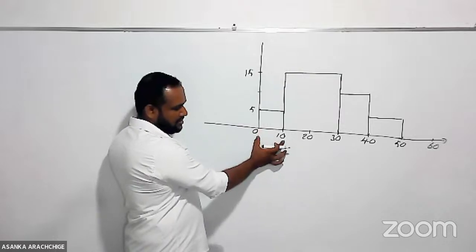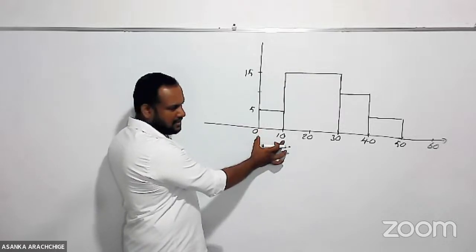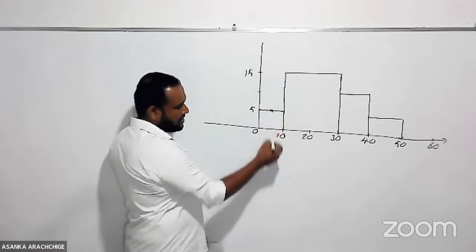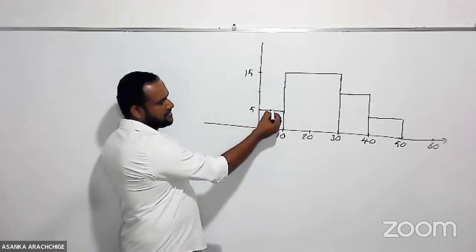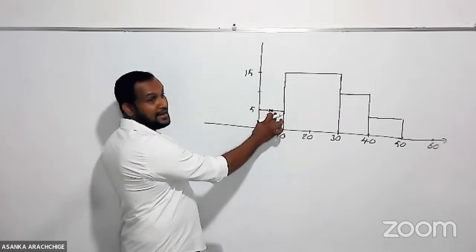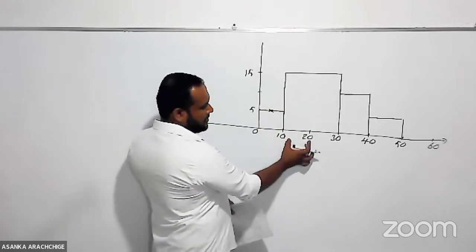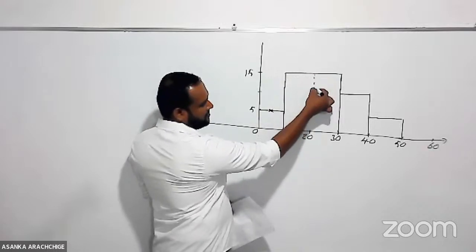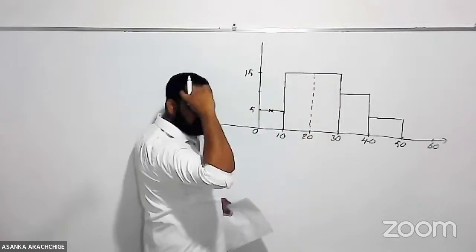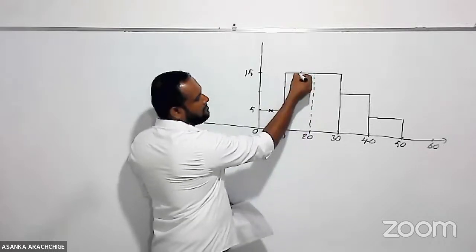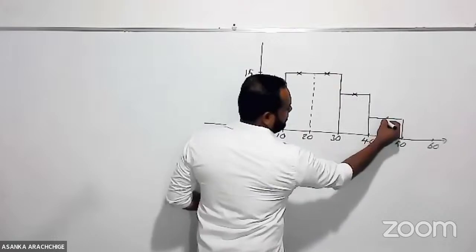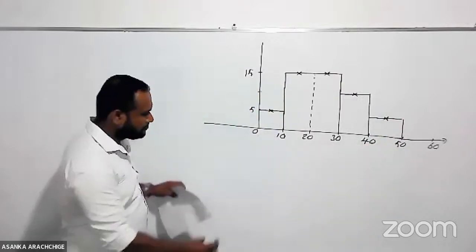Here 0 to 10 is the smallest class interval, the breadth is 10. This column contains two such classes, so divide mentally. Then mark the midpoints.